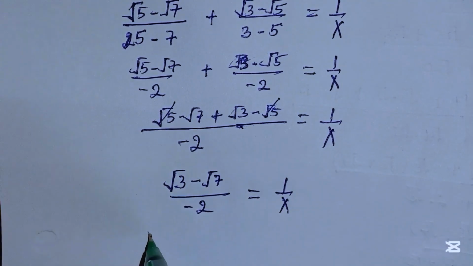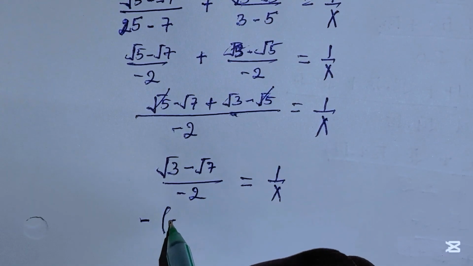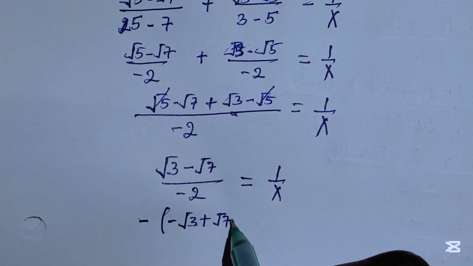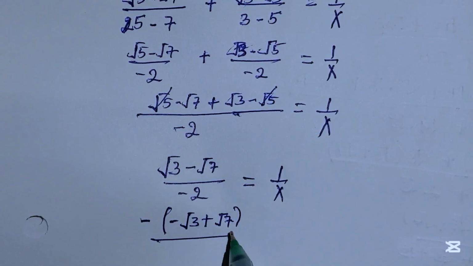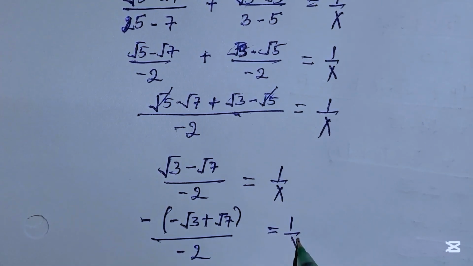Here we can factorize negative, okay, to get negative square root of 3 plus square root of 7 over negative 2, which equals to 1 over x.